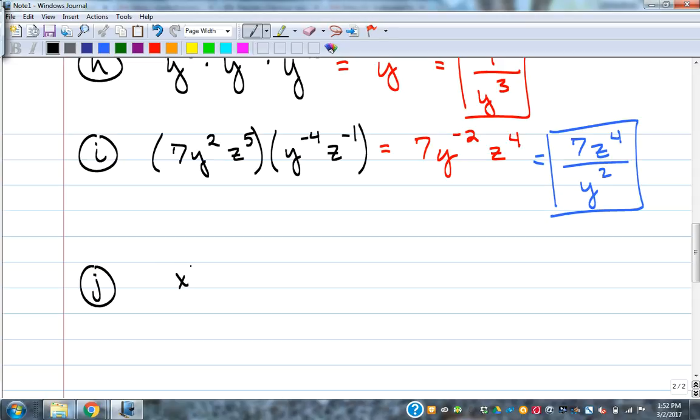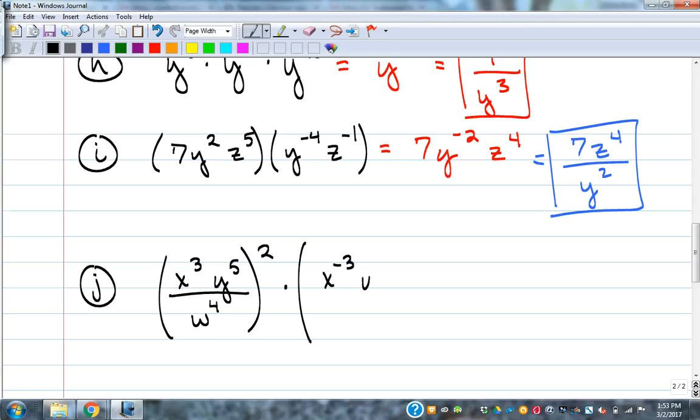Example J: x to the 3rd, y to the 5th over w to the 4th, parentheses squared, times x to the -3, y over w to the 6th, to the -2.